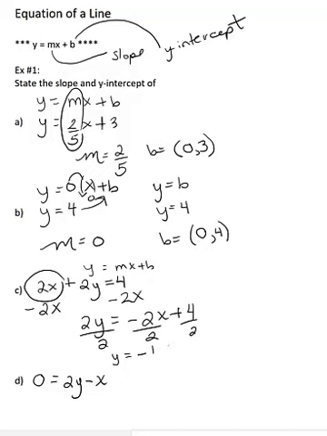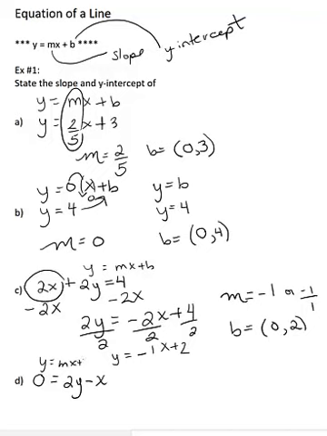Negative 2 over 2 is negative 1x, reduces to 2. So my slope is m, that's negative 1, and my y-intercept is 0, 2.